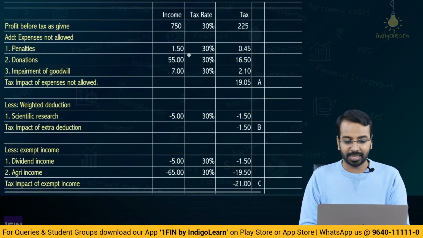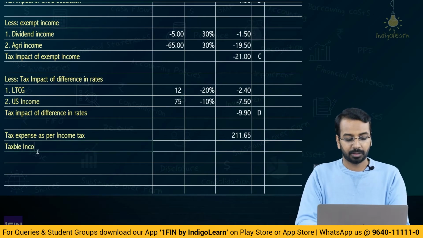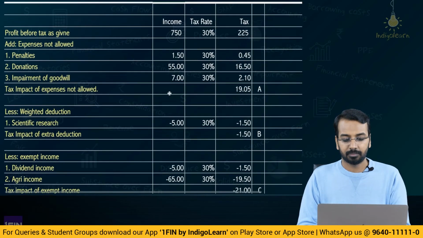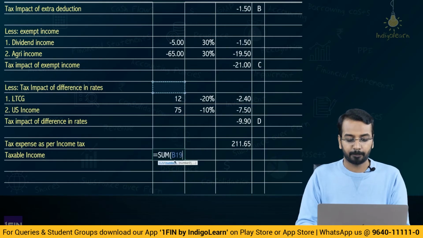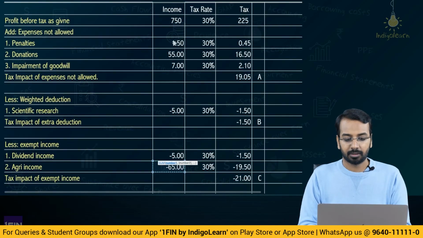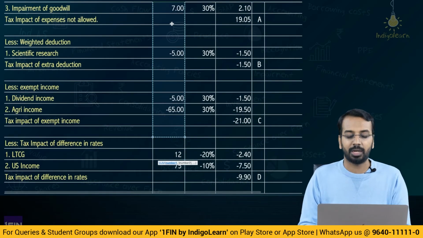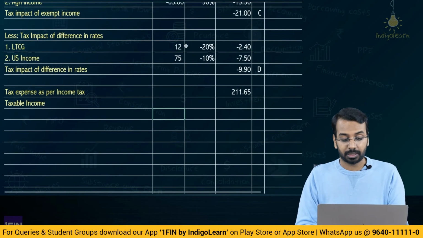Now, if you reconcile the income also, taxable income is how much? Sum of all the 750, all these adjustments you will take and you will calculate the taxable income. You will not take this 12 and 75 because these are difference in tax rate.